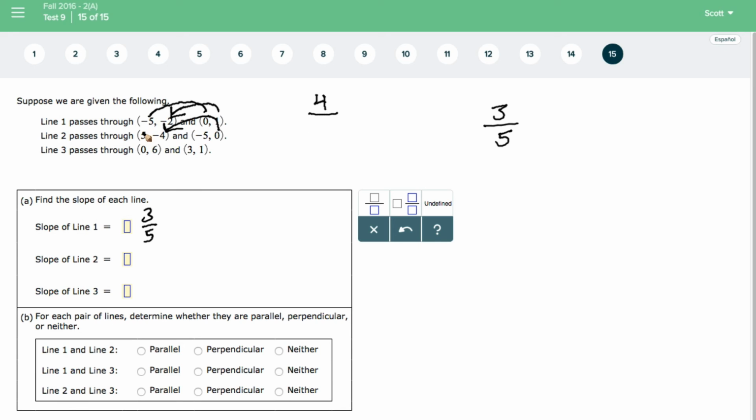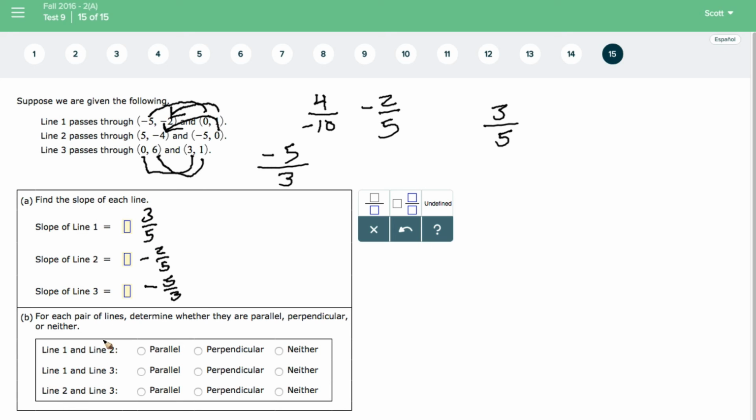Negative 5 minus 5 is negative 10. Again, use a calculator if you're not comfortable with negative numbers. Simplify that as much as possible, and we have negative 2 over 5. And 1 minus 6 is negative 5. And 3 minus 0 is 3, so that becomes negative 5 over 3.